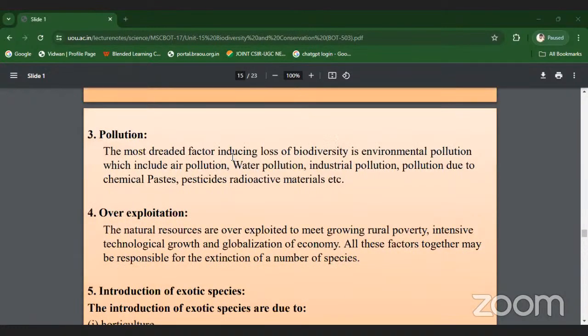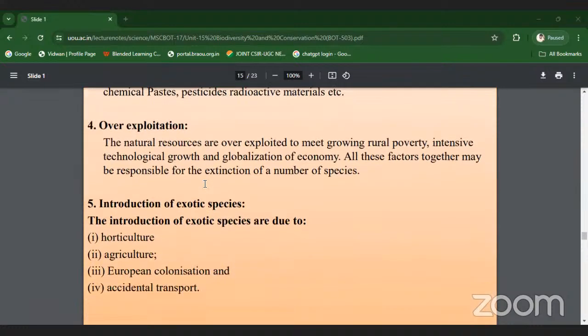Third, pollution. The most dreaded factor inducing loss of biodiversity is environmental pollution, which includes air pollution, water pollution, maybe industrial pollution, chemical pesticides, and radioactive material. Then over exploitation. The natural resources are over exploited to meet growing rural poverty, intensive technology growth, and globalization of the economy.